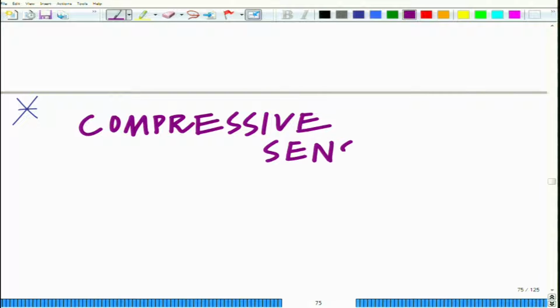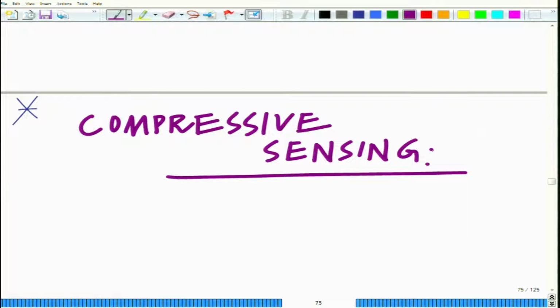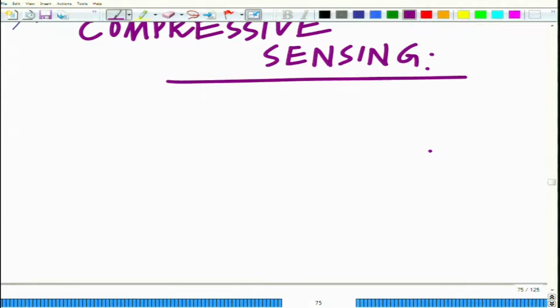So, we are looking at compressive sensing, and what we are doing is essentially you have a measurement vector y bar equals phi times x bar, and this is your sensing matrix.